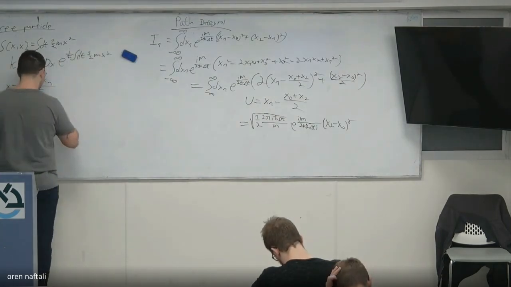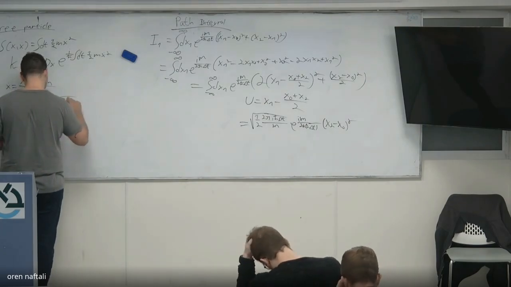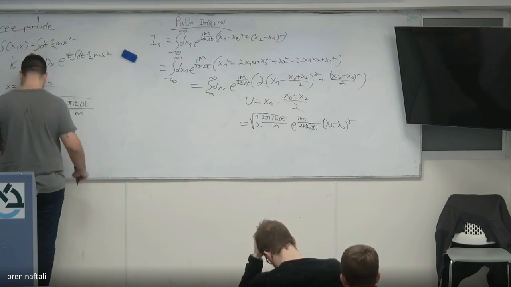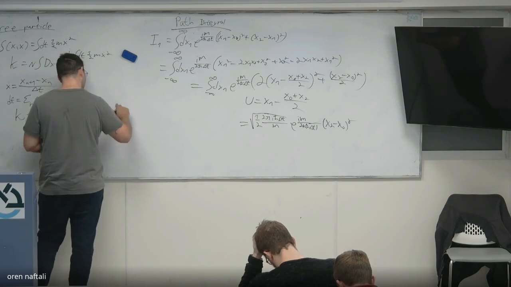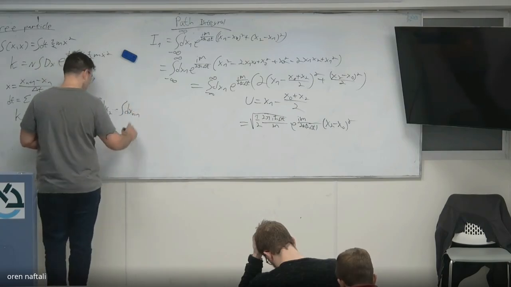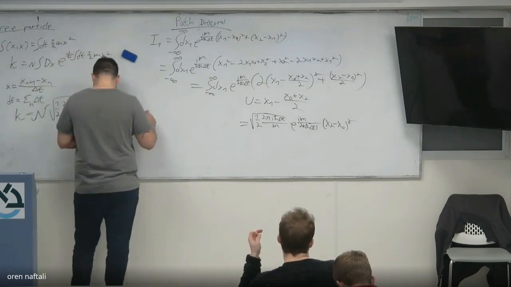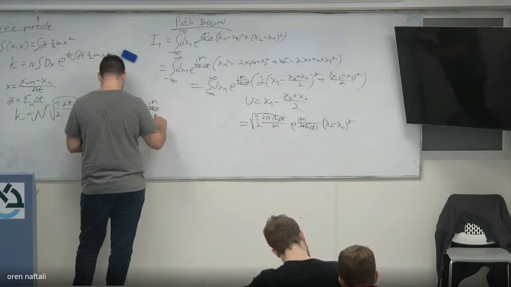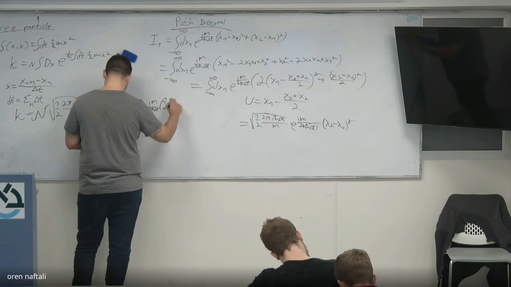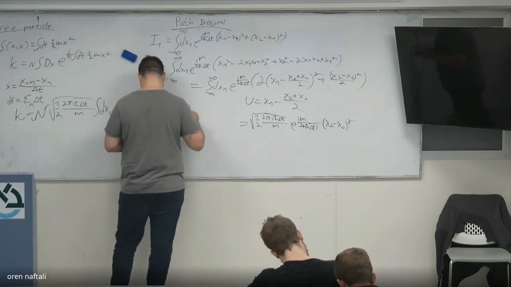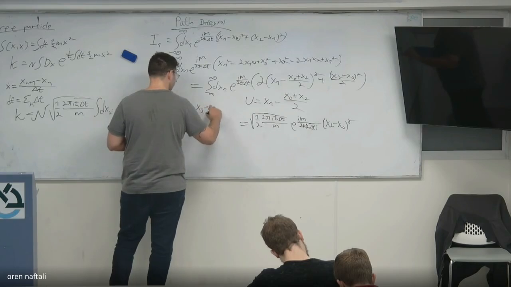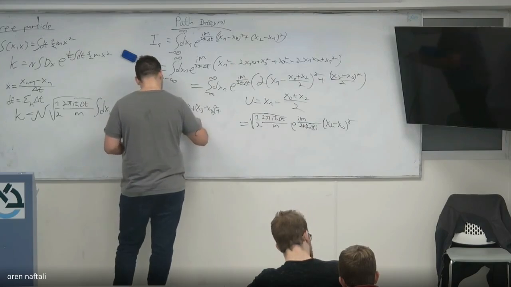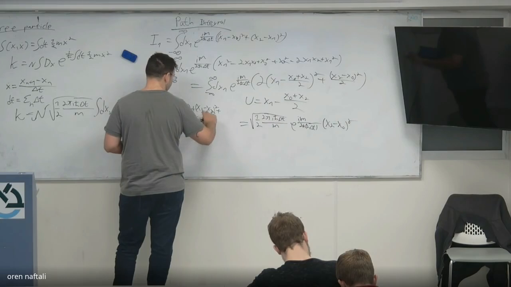Okay, so we get the square root of 1 through 2 pi i h bar delta t divided by m, dx2 all the way to dx n minus 1, capital N, sorry, and times e to the i m over 2 h bar delta t, times 1 over 2, x2 minus x0 plus x3 minus x2 squared plus ... up to x n minus x n minus 1.